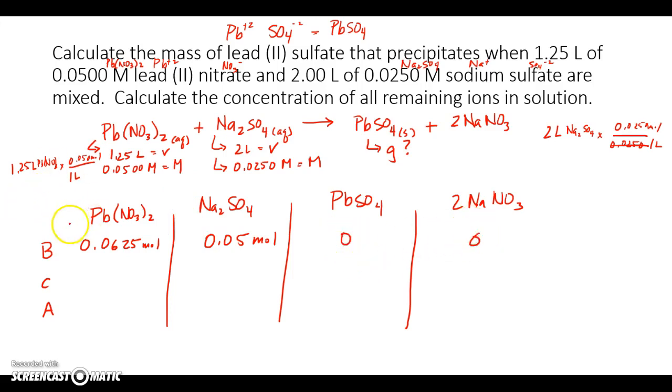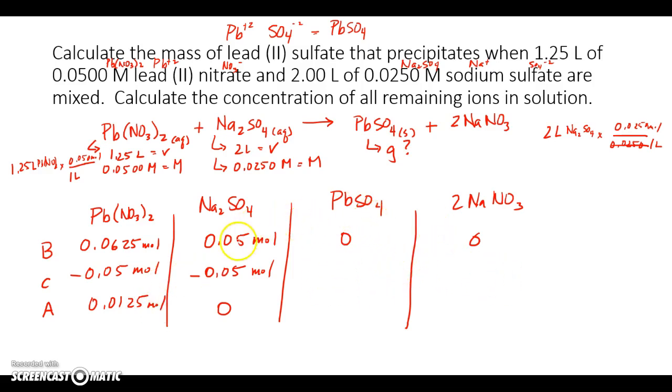Okay, so I see that it has to be a 1-to-1 ratio. There's 0 now. So in this case, that's an easy enough situation because this clearly shows that there's less Na2SO4 than there is Pb(NO3)2. Remember, it should be a 1-to-1 relationship, so all of this is going to be used up, leaving us with nothing. We're going to use up 0.05 moles of Pb(NO3)2, leaving us with 0.0125 moles of leftovers.